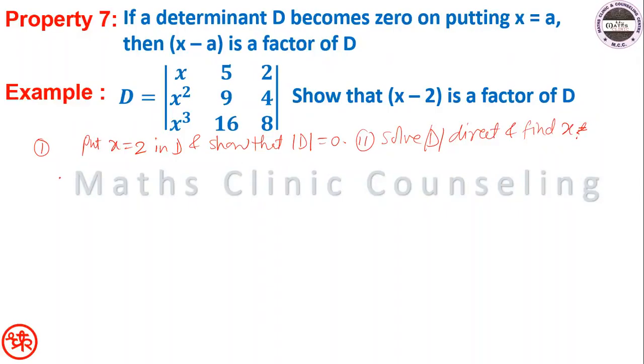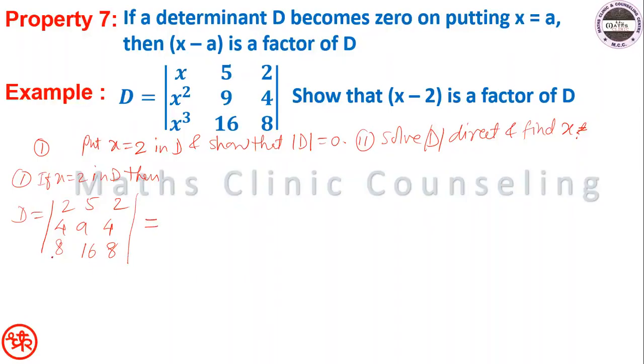So these are two. Let us see. First, if x is equal to 2 in D, then what will happen? D is equal to 2, 5, 2, 4, 9, 4, then 2 squared is 4, then 2 cubed is 8, 8, 16, 8. Is that clear? Now what is the value of this determinant?